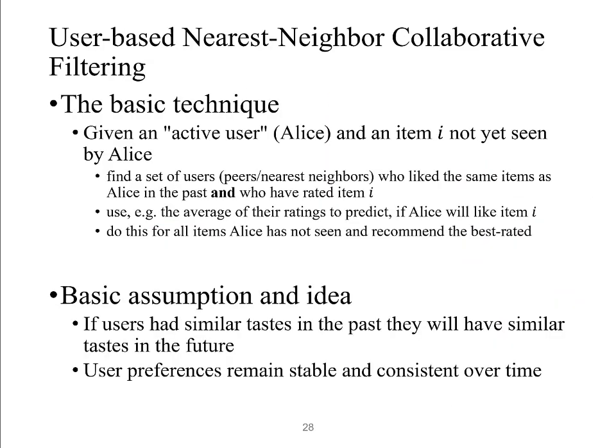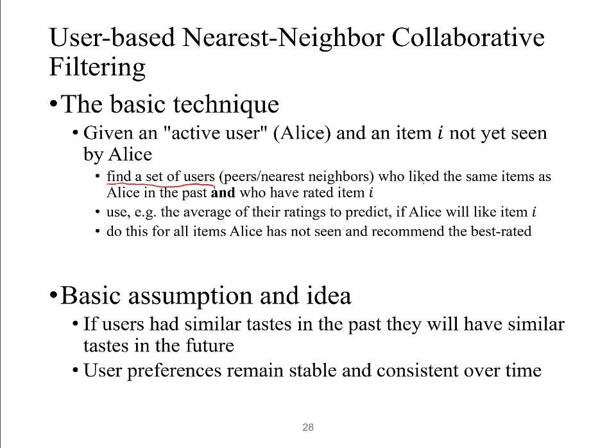Now, user-based nearest neighbor collaborative filtering. We start from this kind of simple algorithm first. The basic technique is: given an active user and an item I that is not yet seen by the active user, we need to find a set of users who liked the same items as Alice in the past, and who have rated item I. So there are two conditions.